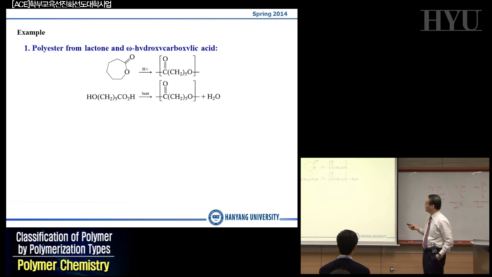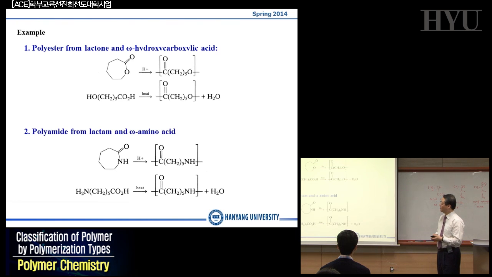But polyester can be prepared by addition polymerization reactions without any byproduct in the case of ring opening polymerization reactions. Okay? We have a cyclolactone. This is called the cyclolactone, or the omega hydroxy carboxylic acid. So you can make the same product from two different monomers, from two different polymerization reactions.